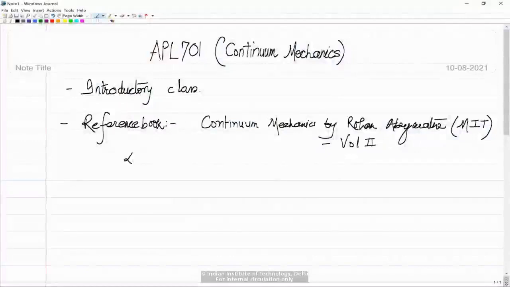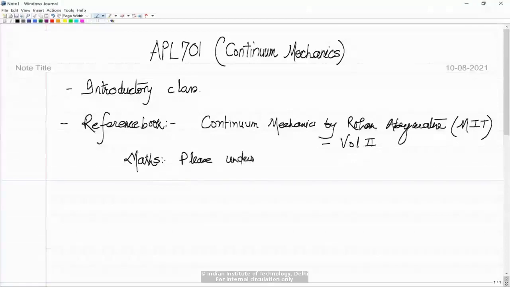And for the mathematics part, please understand the concepts from Professor Arya's course.